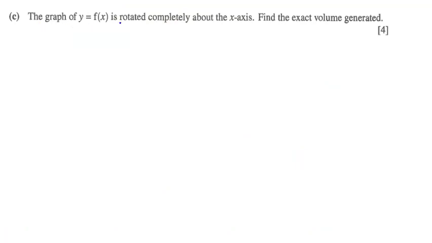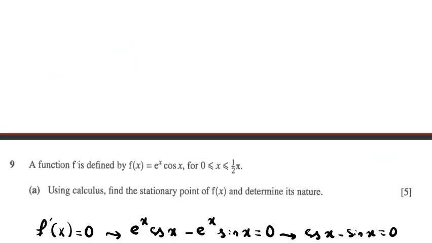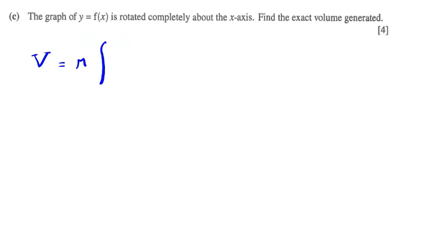Part C: the graph of y equals f of x is rotated completely about the x-axis. Find the exact volume generated. So you can say the volume equals pi times the integral from, okay, let's check this. It says x is between 0 and pi over 2.